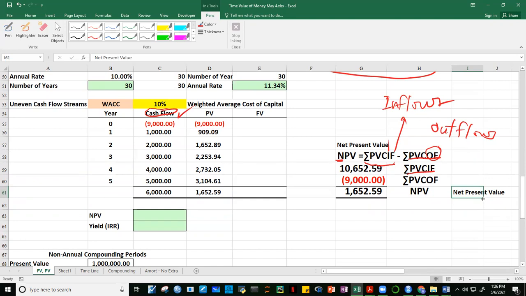Net, ibig sabihin, pinagsasama natin lahat ng present value ng outflows at saka present value ng inflows. Okay, sabi natin, if NPV is greater than 0, project is acceptable.